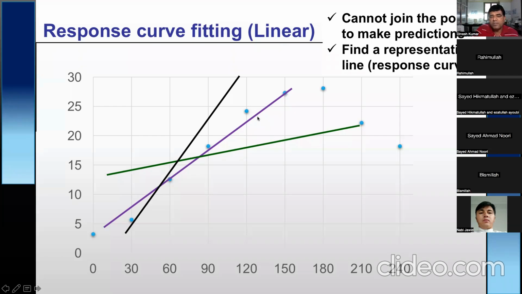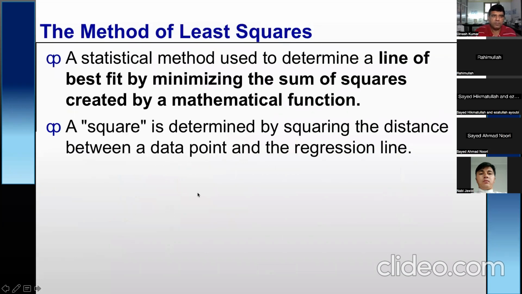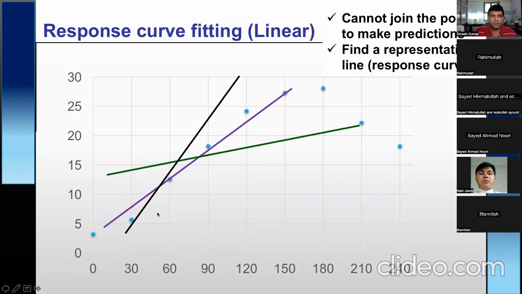If you see just this data, this is called a scatter plot, where data has been plotted for input and output, or for the independent and dependent variable. Now you see these data points: 1, 2, 3, 4, 5, 6, 7, 8, 9.